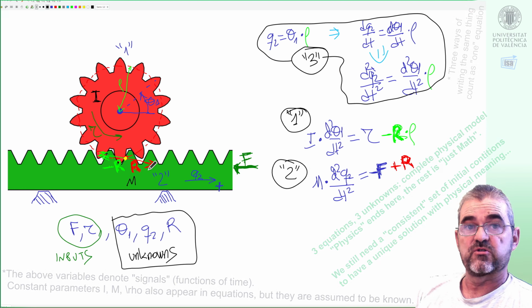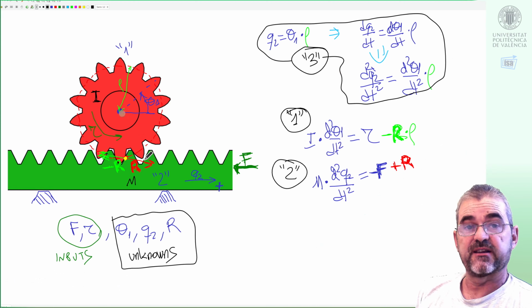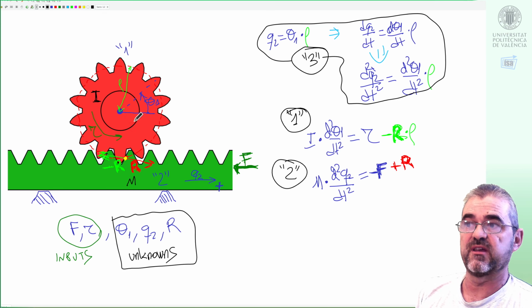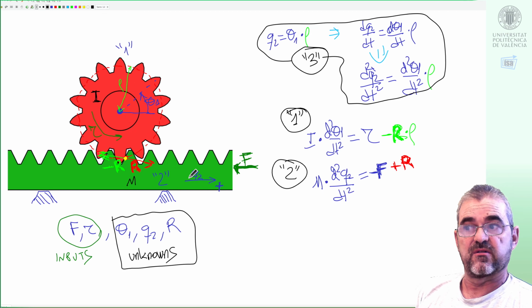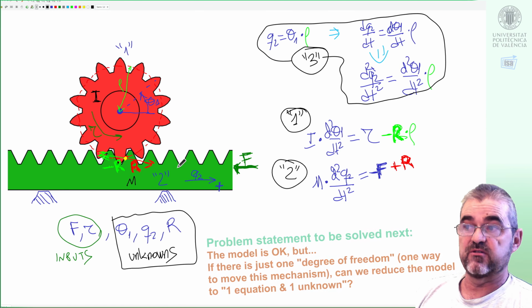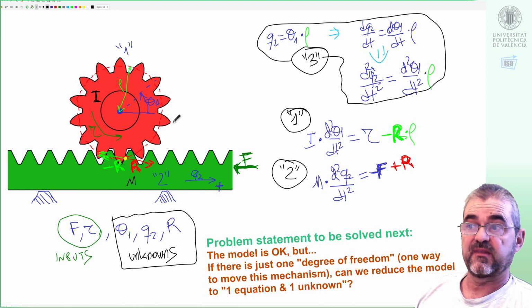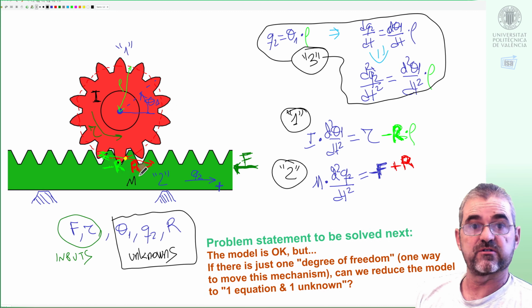For instance, as this mechanical system has one degree of freedom, because if I know the rotated angle, then with these equations I can immediately multiply by rho and tell the green object's movement, then q2 and theta 1 are proportional, so it's customary to try to eliminate from the equations either q2 or theta 1, and also we'll try to eliminate the reaction force.